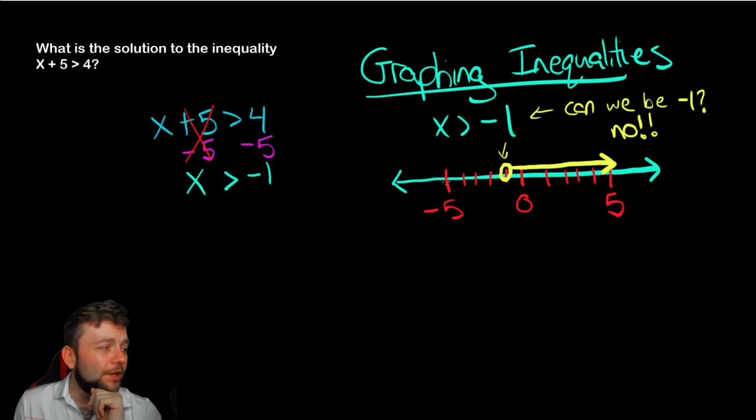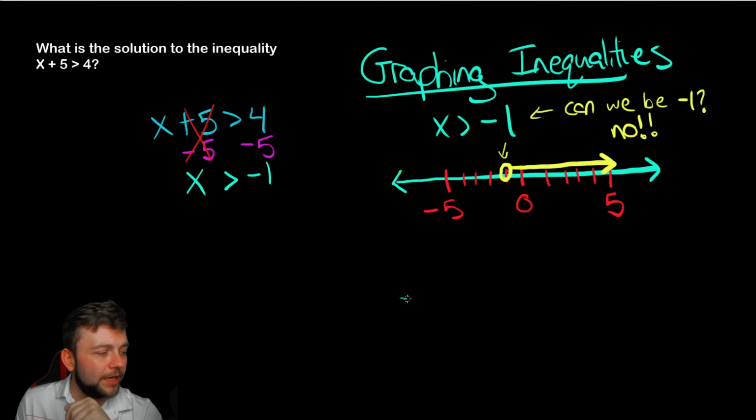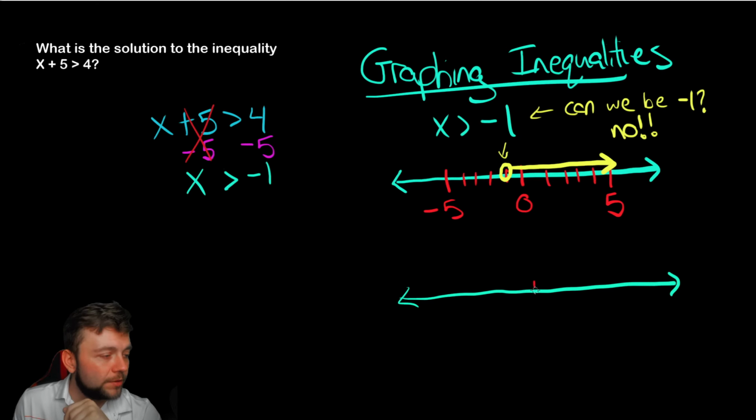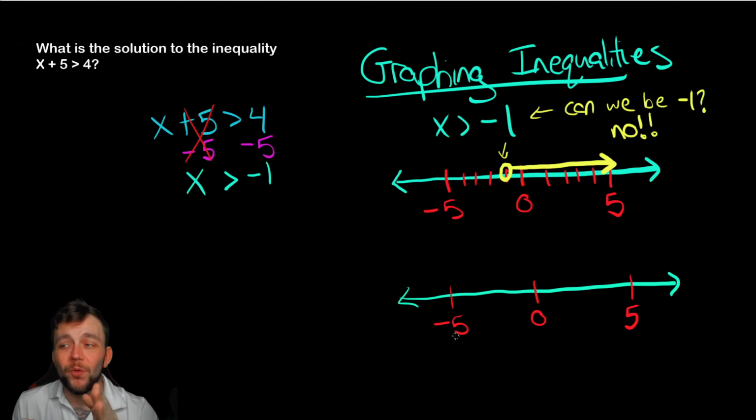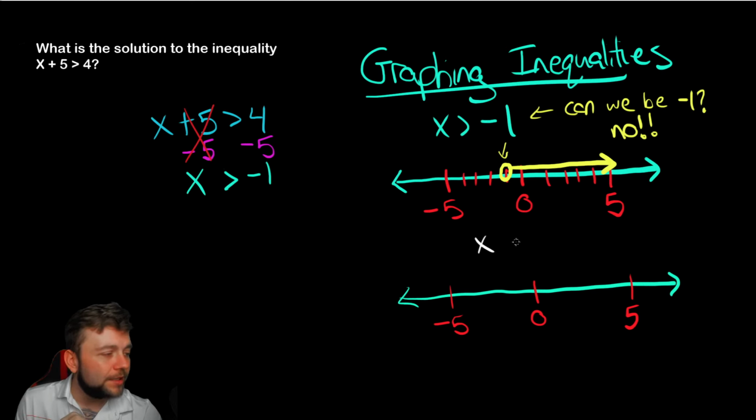A little tip. Let's just draw another quick graph here. So let's imagine we have another inequality graph we can do. So 0, 5, -5, and for the sake of our stream, I'm not going to go through and put every single line down. But let's just imagine that our problem is x is less than -1.